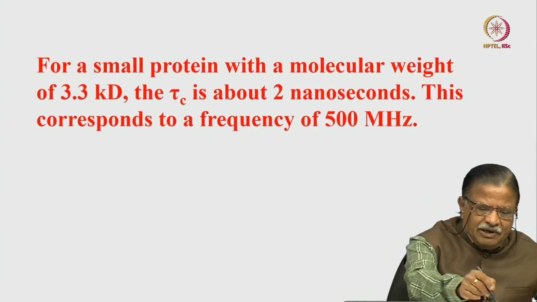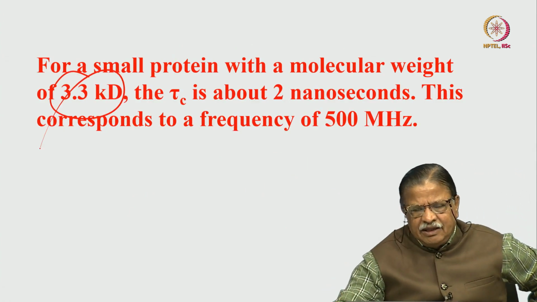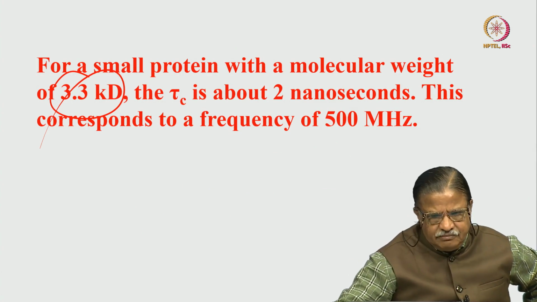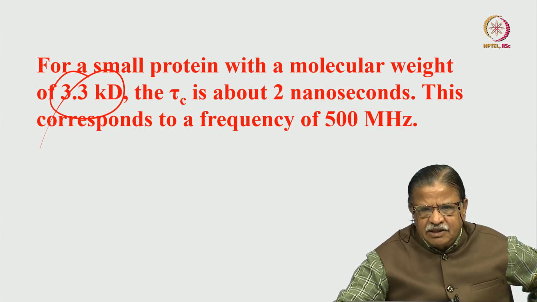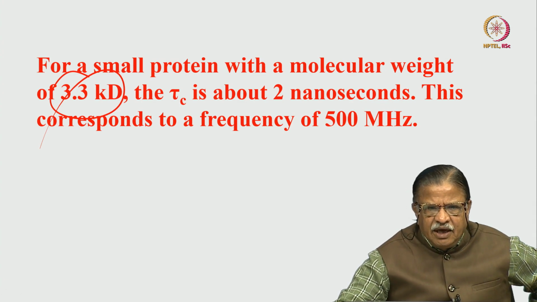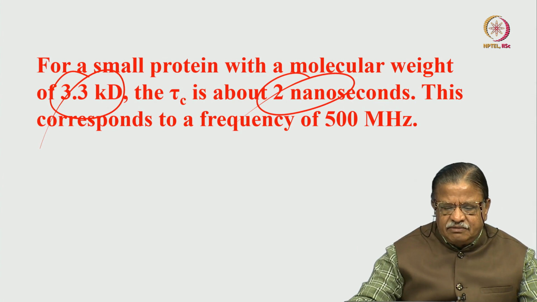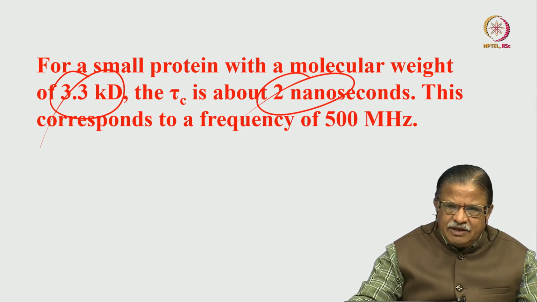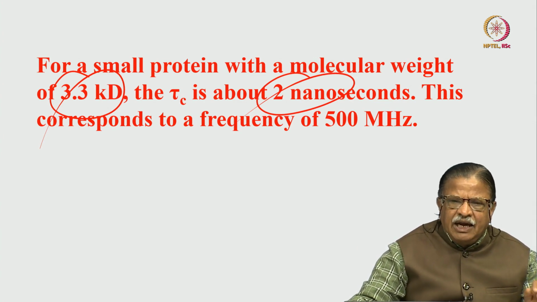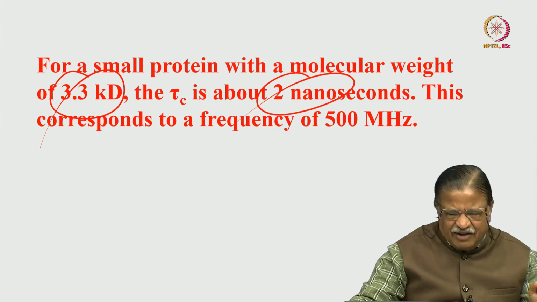Just as an example, if I take a 3.3 kilodalton molecule, a small protein or whatever it is, then I can calculate the correlation time as 2 nanoseconds. That means you can find out the frequency.